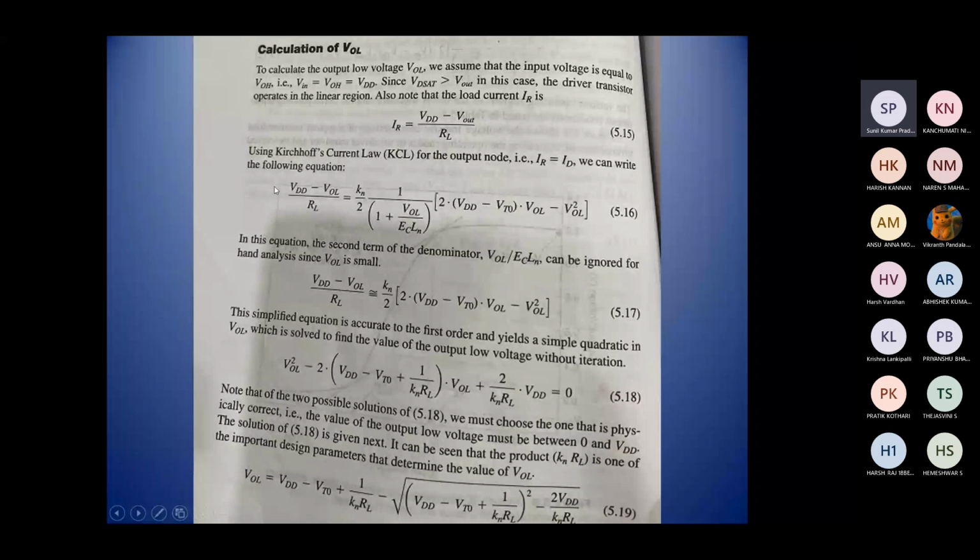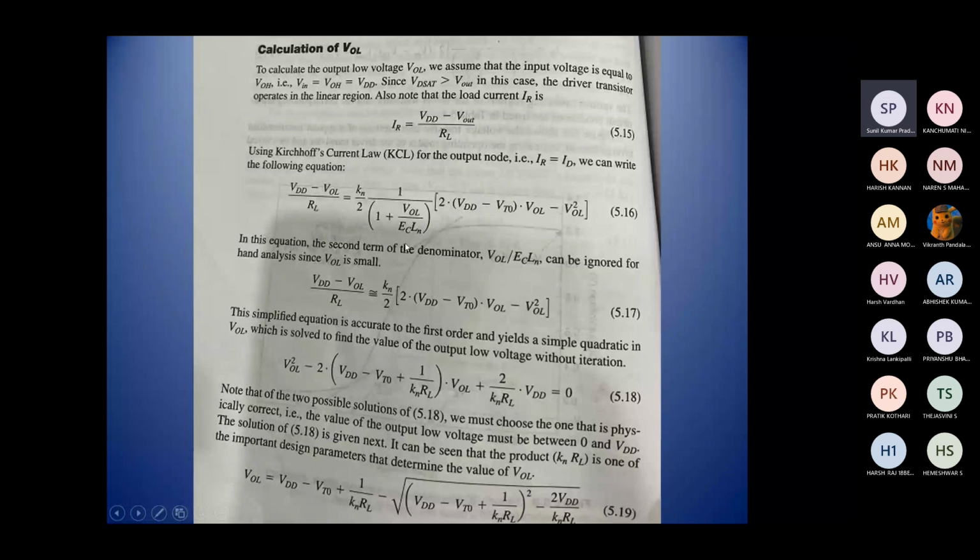VDD minus VOL, the output low voltage, divided by the load resistance, equals K divided by 2 times 1 divided by 1 plus VOL divided by ECLN, within brackets 2 into VDD minus VT0, times VOL, minus VOL square. VOL is the output low voltage, VT0 is the threshold voltage, and VDD is the supply voltage.